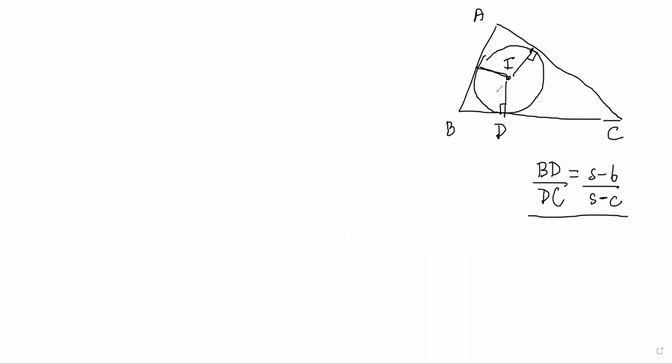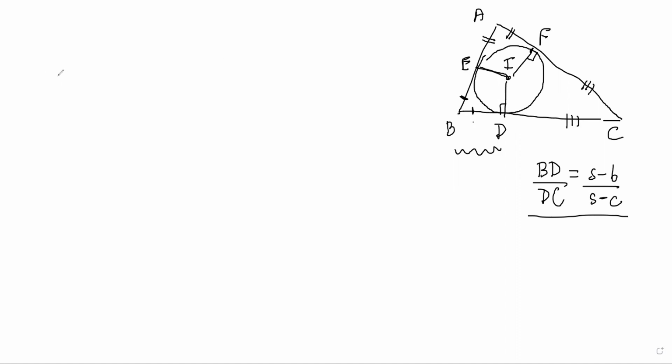Use the fact that this tangent BD will be equal to this BE, because B is an external point from where two tangents are drawn to this incircle, right? Yeah. BD is equal to BE, AE is equal to AF, and CD is equal to CF, right?